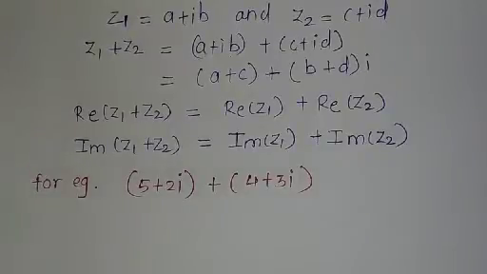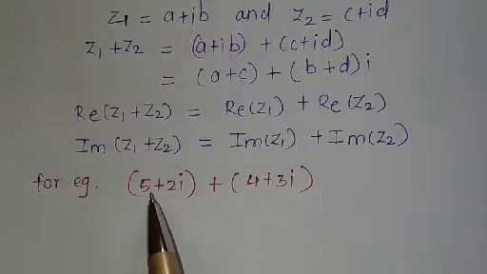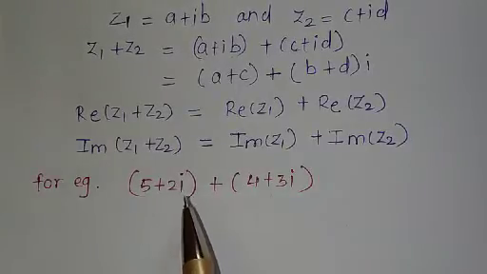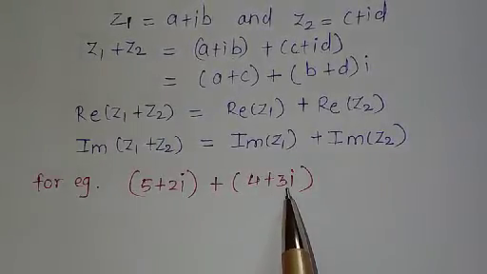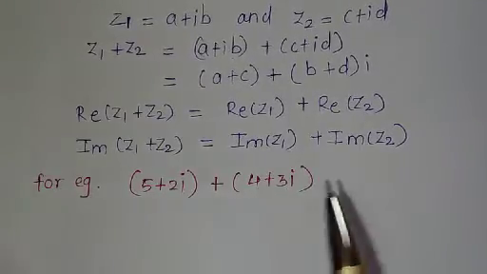Now consider one example based on the addition of complex numbers. Here we are given the two complex numbers, that is 5 plus 2i and 4 plus 3i. Simply we have to add these two complex numbers.